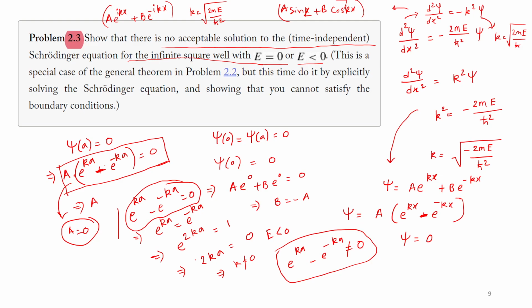So when E is equal to 0 and E less than or equal to 0, psi will be 0 everywhere, so that can't be the case. We cannot really satisfy the boundary conditions, or even using the boundary conditions we are getting psi equal to 0.